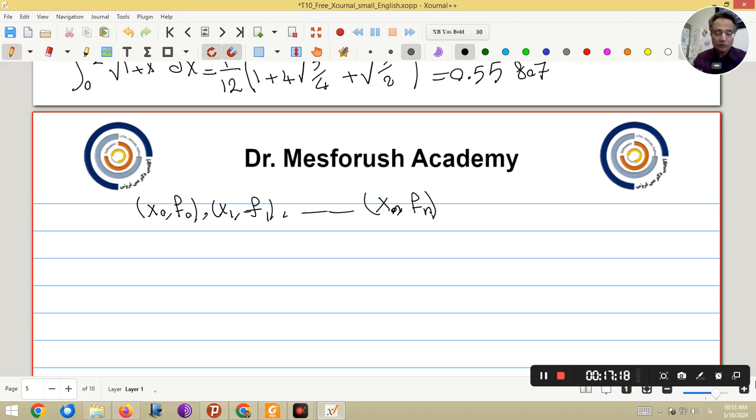If we want to do something easier, we can use the Lagrange interpolating polynomial to compute the values. And let me start this topic in the next lecture, and let me finish this lecture at this moment.